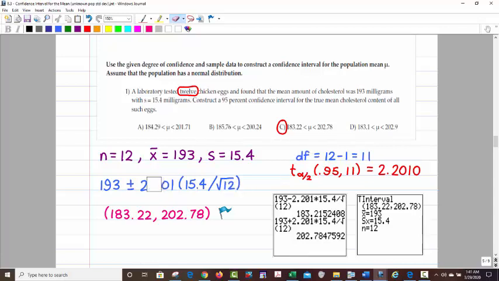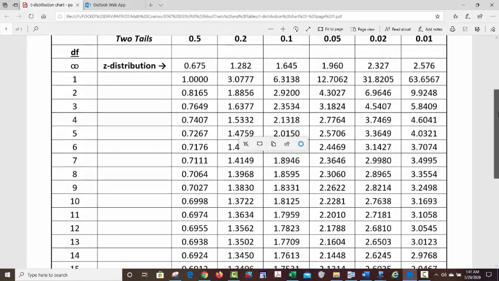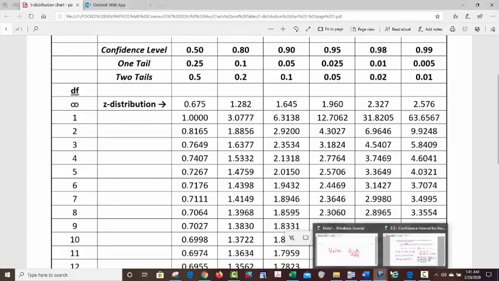All right, let's see what we have. n is 12, x bar is 193, s is 15.4. If n is 12, degrees of freedom is 11, so we need 95%, 11 degrees of freedom. Right there, 2.2010. I'm sure we can leave off that last zero.